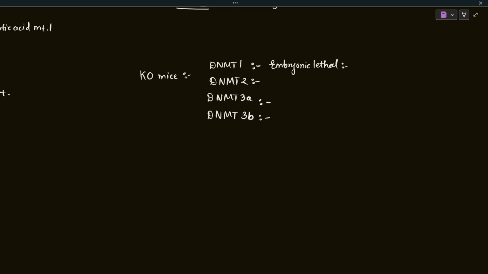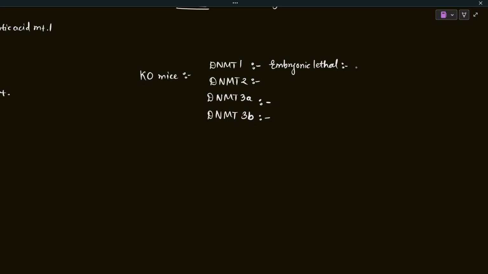So the early embryonic stage is all about cell divisions. For cells to maintain their cellular identity, the already existing patterns should be copied, right? When there is no DNMT1, the cells fail to do that. They won't be able to copy the methylation patterns, and that increases the fatality in the embryo, and that's why the DNMT1 knockout mice were embryonic lethal.